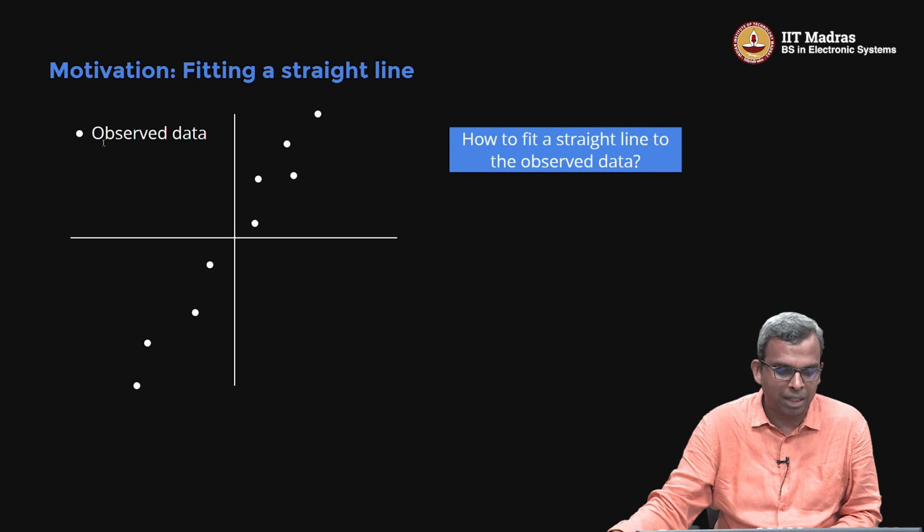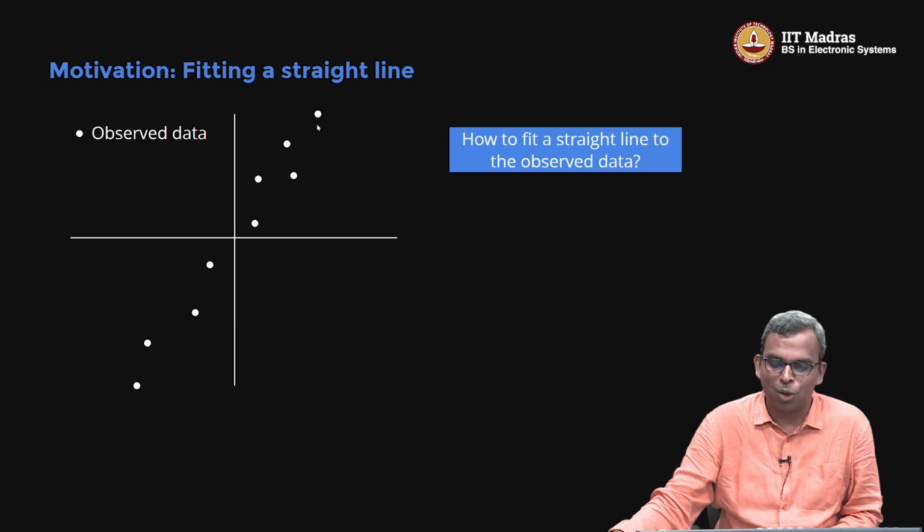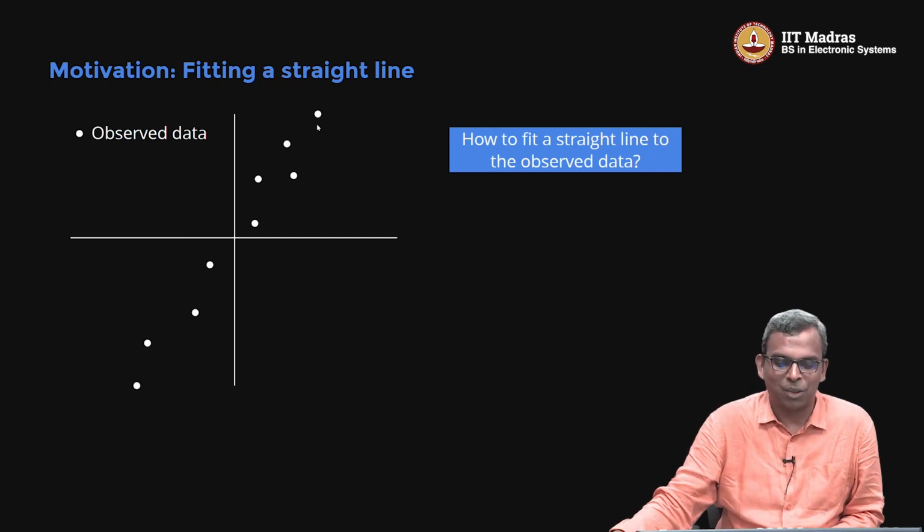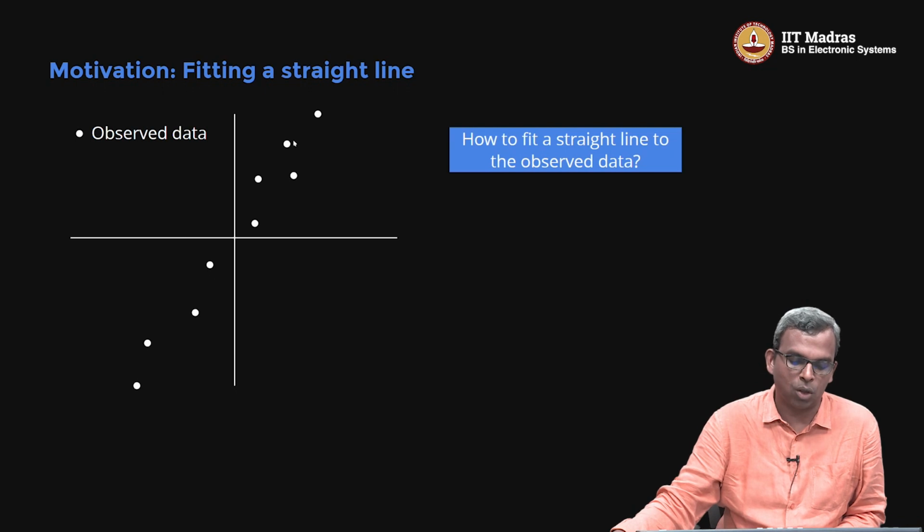But maybe the data was a bit noisy, the measurements were not very precise, so it's a little bit off. Still, I really want a straight line here. The straight line is sort of visible, but you can't precisely write down the equation for it. So, given these points, how do you fit a straight line to this?